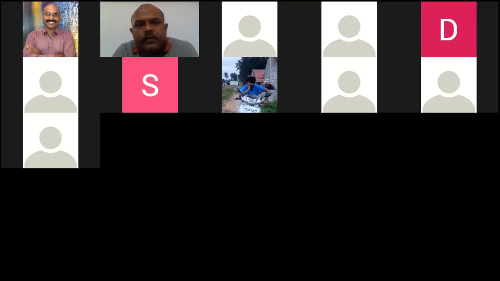So screening is detecting cervical cancer at the pre-cancer stage. Vaccination is what we do before the woman gets exposed to the human papillomavirus, so that it can prevent infection. But once the woman is exposed to human papillomavirus, giving the vaccine is not of much use. That's why the target age is 9 to 14 years.